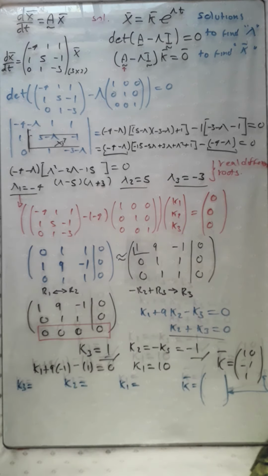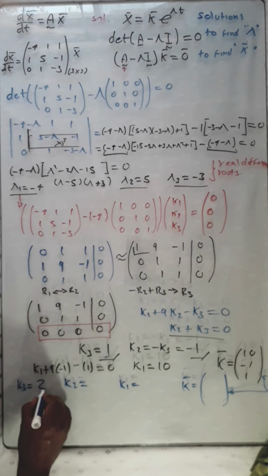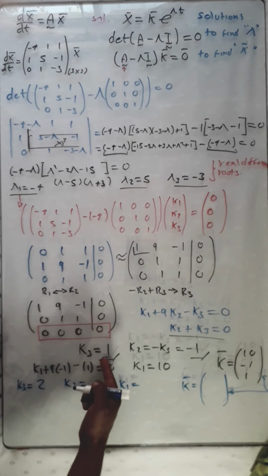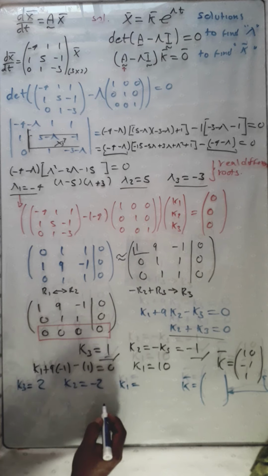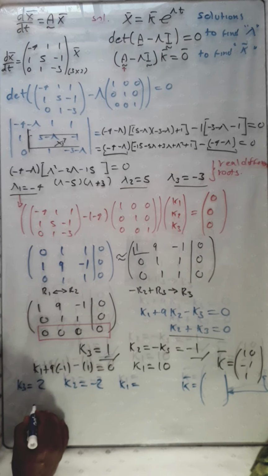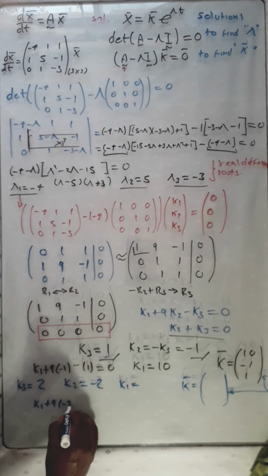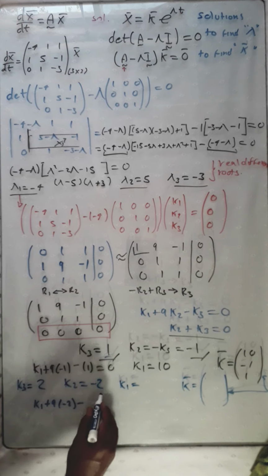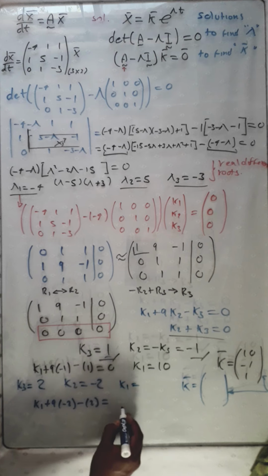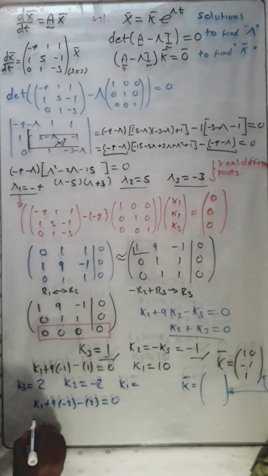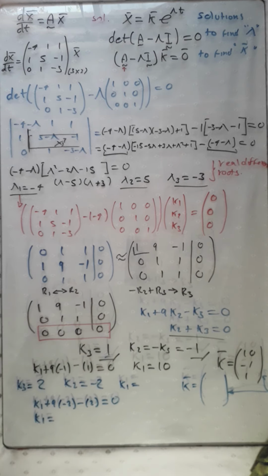Alright, now what happens if you choose, let's say, another number? What happens if you choose, let's say, k3 equal to 2? So what happens here? 2 minus 2 here, and here it is going to be k1 plus 9 k2, in this case minus 2, and then minus k3, which is 2, and then is equal to 0. So k1 is equal to what?